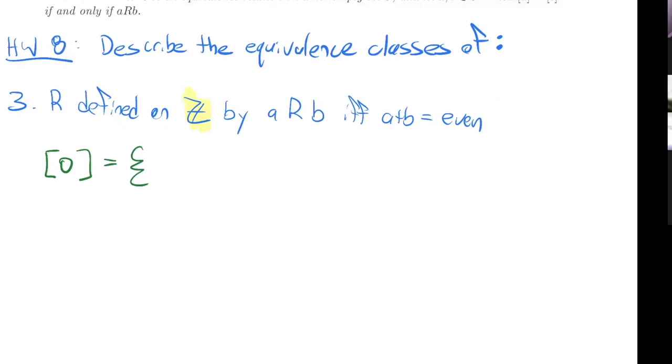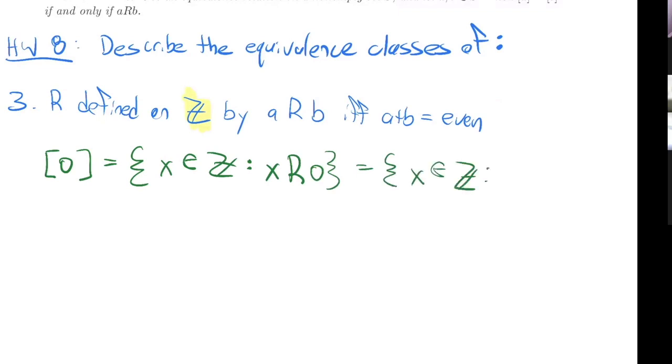This would be the set of all integers such that X is related to 0. And that relation is saying it would be the set of all things that when we add it to 0, we wind up with something even.